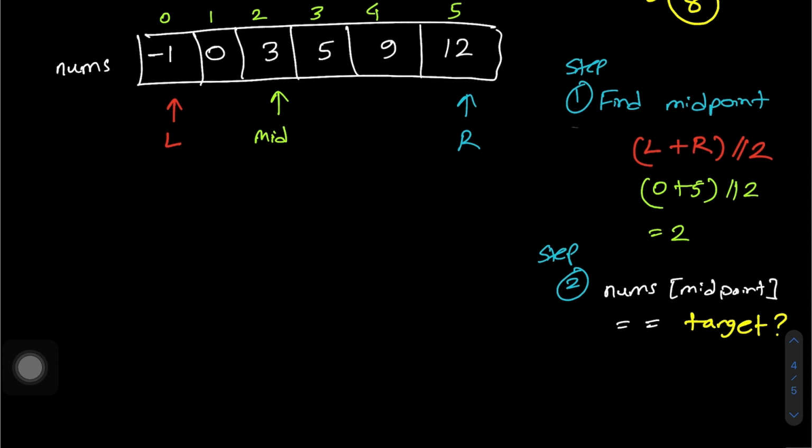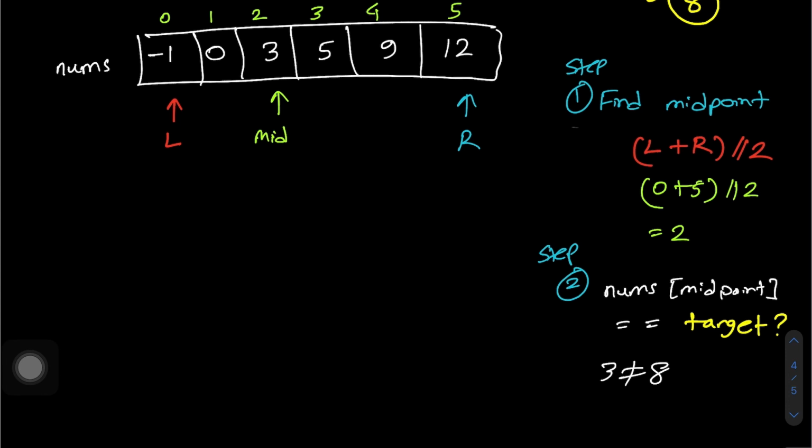Let's see what the value is. The value here is 3, the value at the index that mid is pointing to. So 3 is not equal to 8. We haven't found the value we are supposed to find. What we now have to do is change our search space.